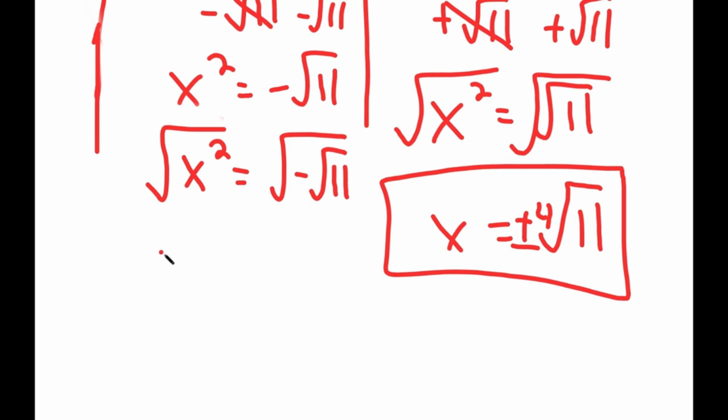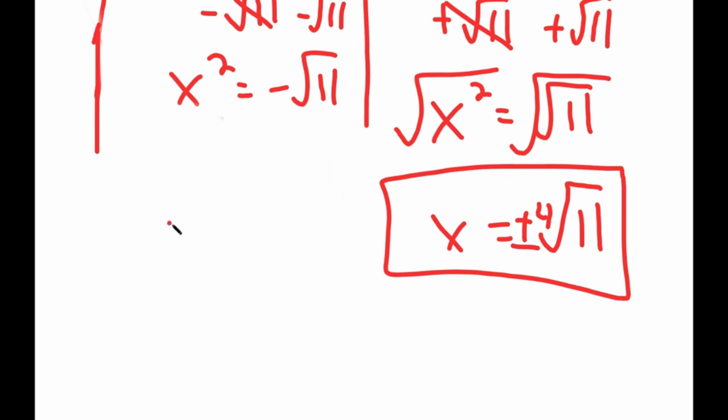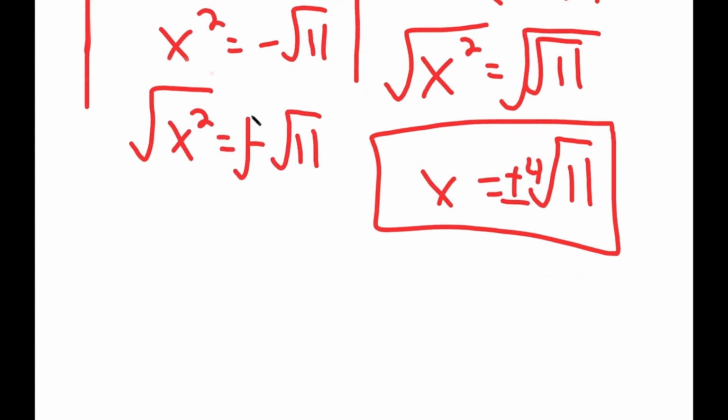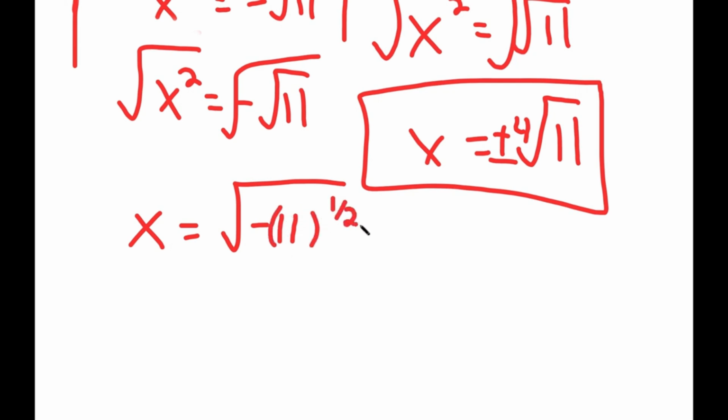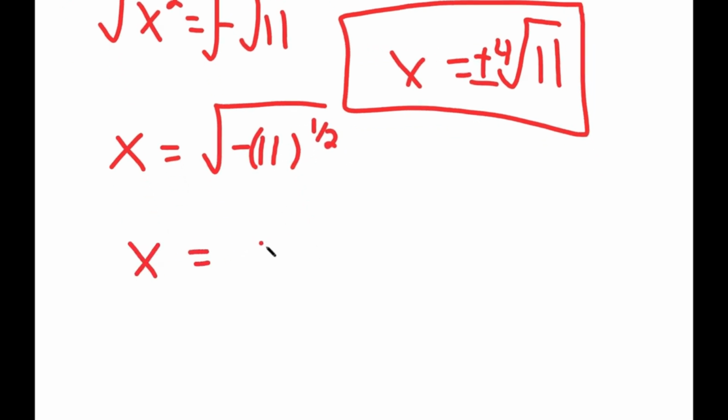So now if I take the square root on both sides, I get the square root of x squared is equal to the square root of negative square root of 11, which I can rewrite as x is equal to the square root of negative 11 to the power of 1/2, which is equal to negative 11 to the power of 1/2 to the power of 1/2.